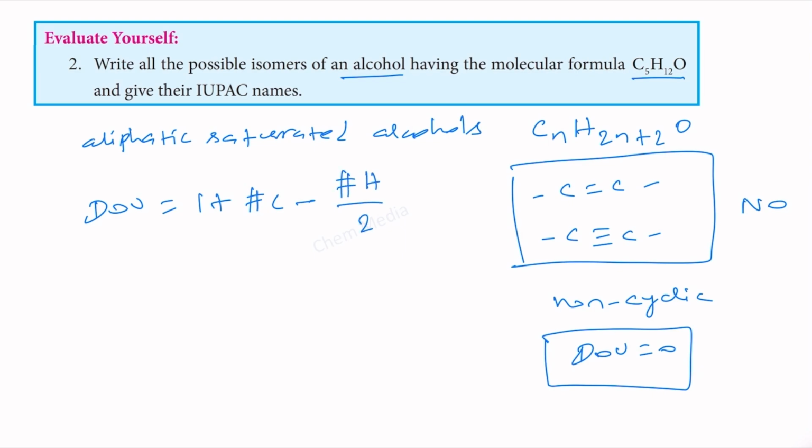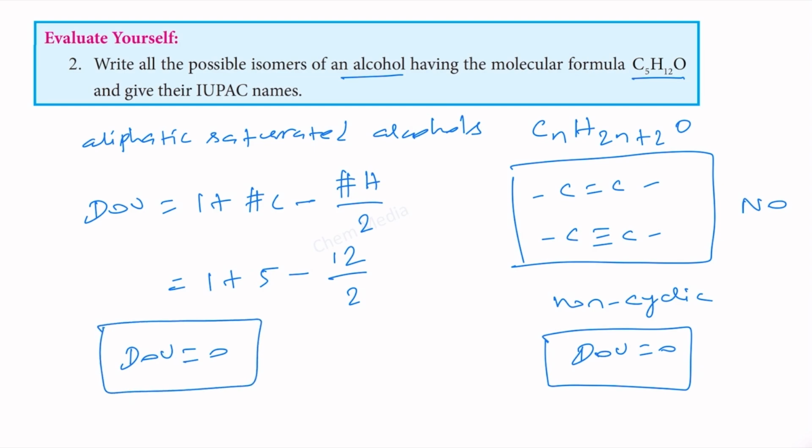Oxygen does not participate in the calculation, so this is 1 plus 5 minus 12 by 2, 6 minus 6, which is equal to 0. Therefore, all the structures we are going to write are either straight or branched but non-cyclic, and should not contain carbon-carbon double or triple bonds.